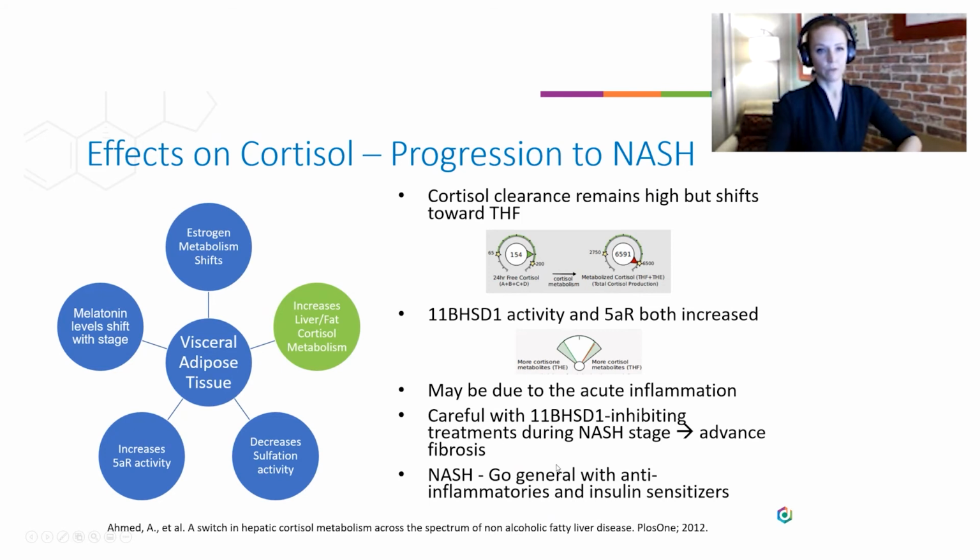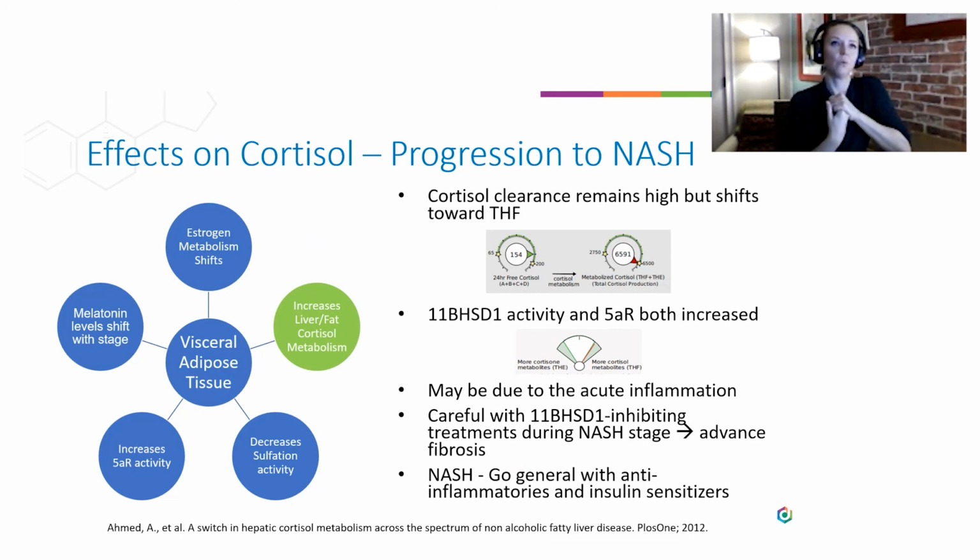There are treatments that we have in our arsenal that can target 11-beta-HSD type 1, possibly. So we always want to be a little bit careful with inhibiting 11-beta-HSD type 1 during the NASH stage, because it can decrease our body's ability to use cortisol as an anti-inflammatory.